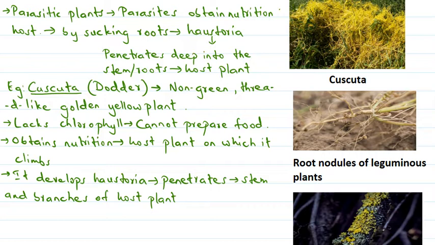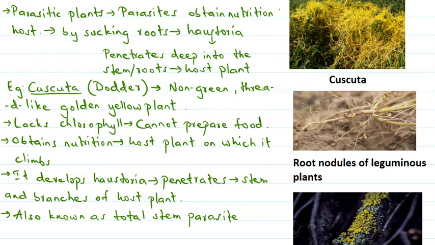We also call Cuscuta a total stem parasite, because it obtains its nutrition from the stem of the host. So this is an example of a parasitic plant.